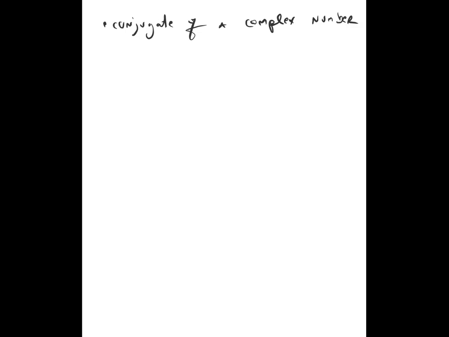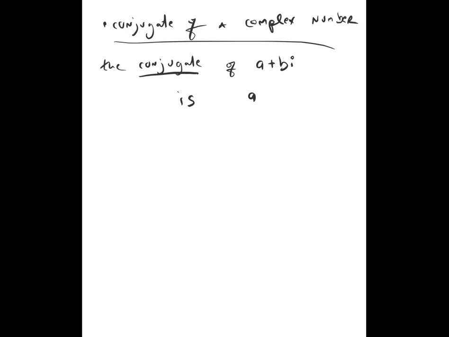Right, the conjugate of the complex number. So the conjugate of a plus bi is a minus bi.